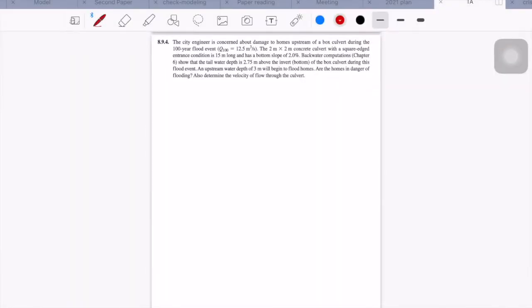For this problem, the city engineer is concerned about damage to homes upstream of a box culvert during the 100-year flood event. And we know the flow rate equals 12.5 cubic meters per second, and a 2 meter times 2 meter concrete culvert with a square-edged entrance condition is 50 meters long, and it has a bottom slope of 2.0%.